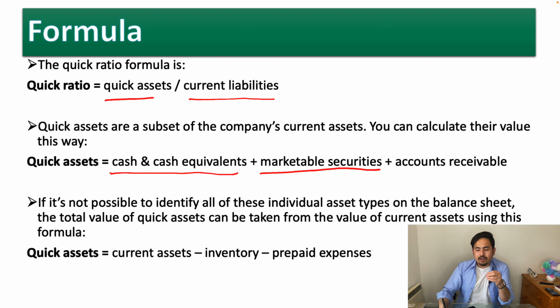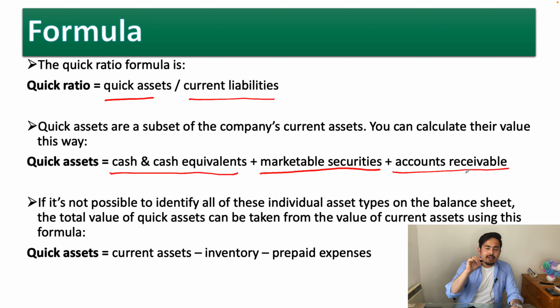Or the easy one, the account receivable. You have sold something to your customer and they are due to make the payment within 30 days. That amount will be considered as account receivable. The addition of these three will end up as the quick asset, which we use in the calculation of the quick ratio by dividing the quick asset of the business by the current liability.